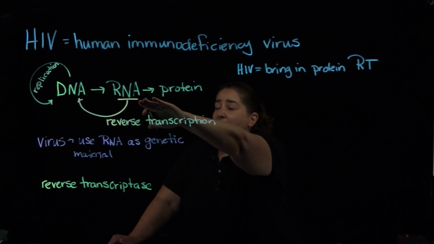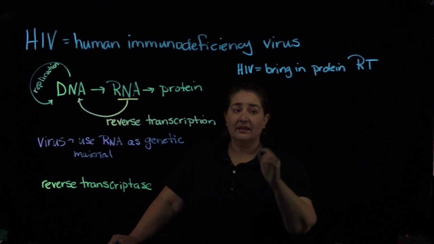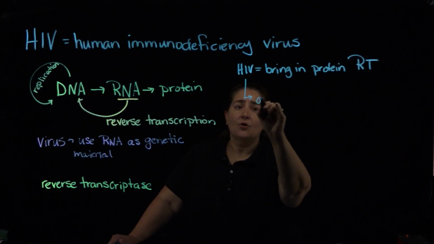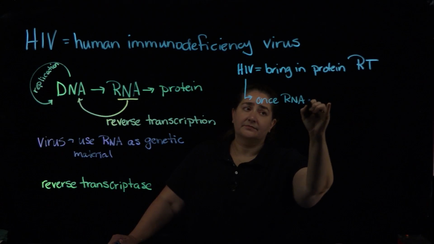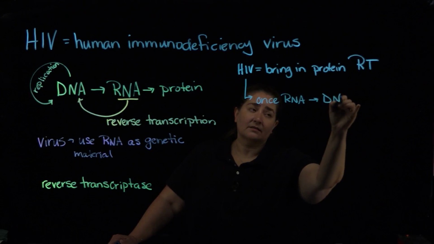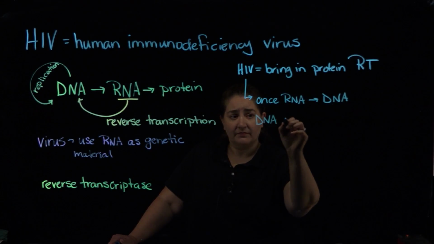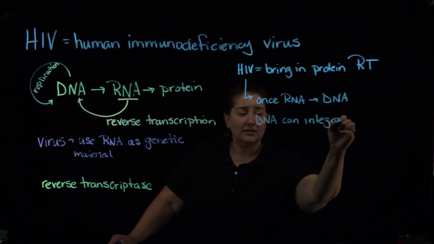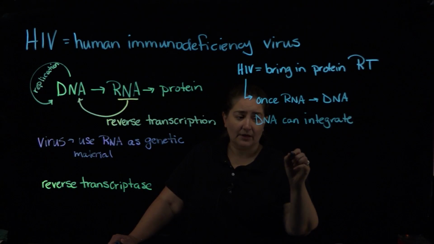Reverse transcriptase converts that viral RNA into DNA, and what can happen with HIV, okay, once the RNA is converted to DNA, that DNA can now integrate into the host cell, okay?